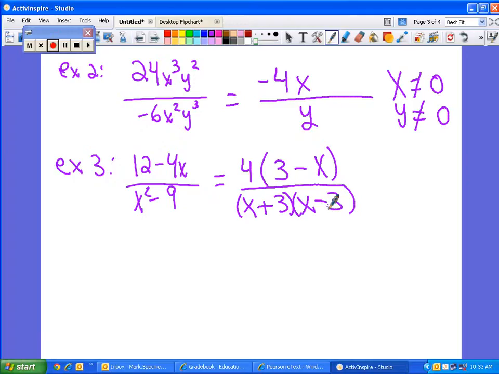Because now if I divide by negative 4, I get negative 4 on the outside. Now what's 12 divided by negative 4? It's negative 3. And then negative 4 divided by negative 4 gives me positive x.